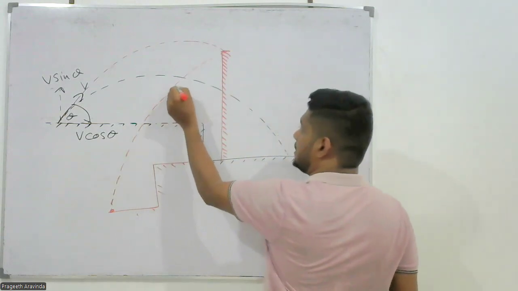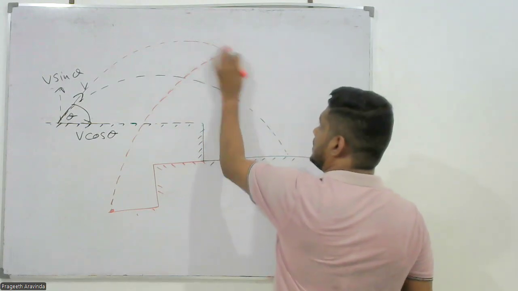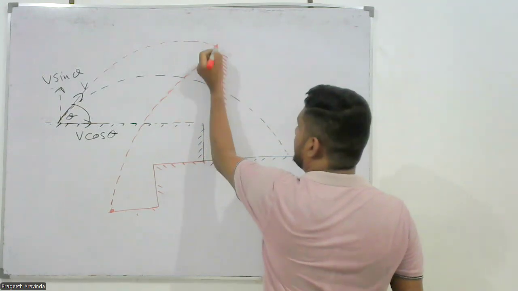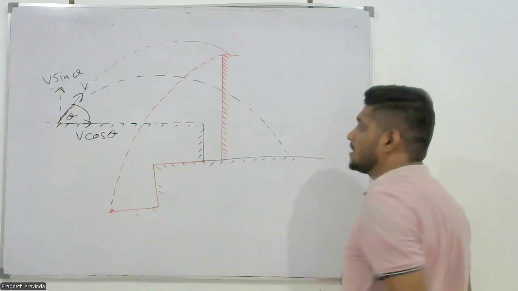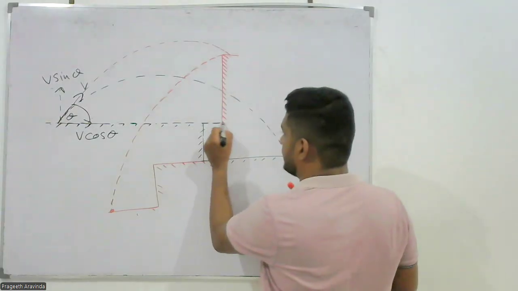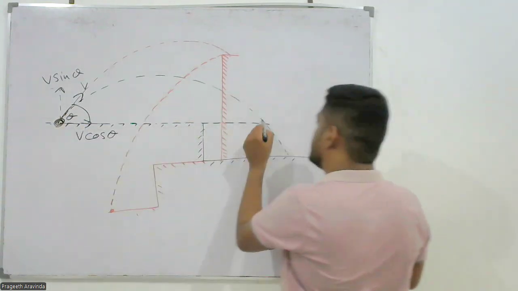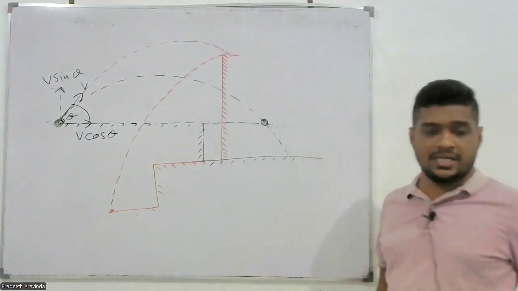So when you put the equations, one of the most important things is to identify what the change of displacement is. At ground level, when it starts from this point and ends at this point, right? So what is the change of displacement?